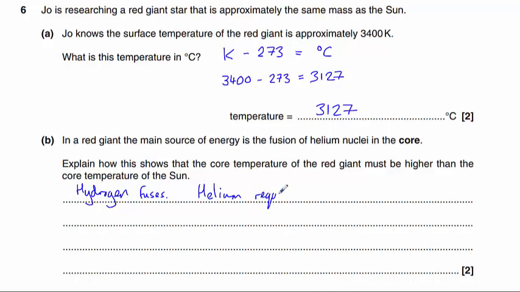Think about it in terms of the charges. Helium has 2 positive charges, 2 protons. Hydrogen has only 1. So you need more energy to overcome the electrostatic repulsion.